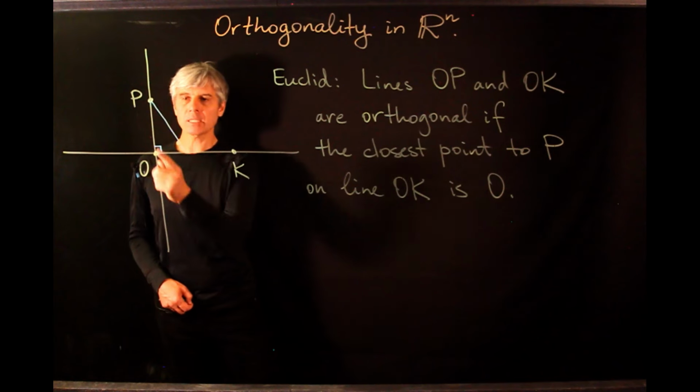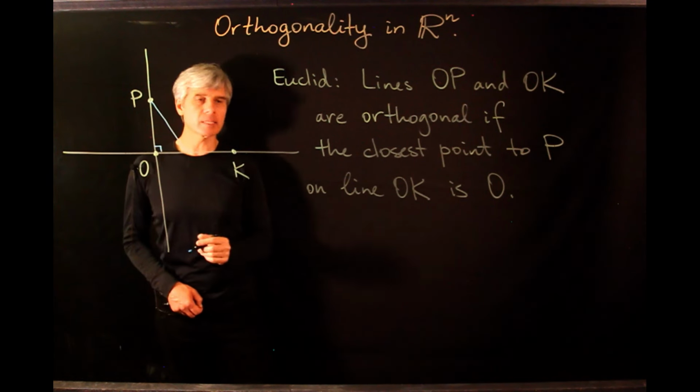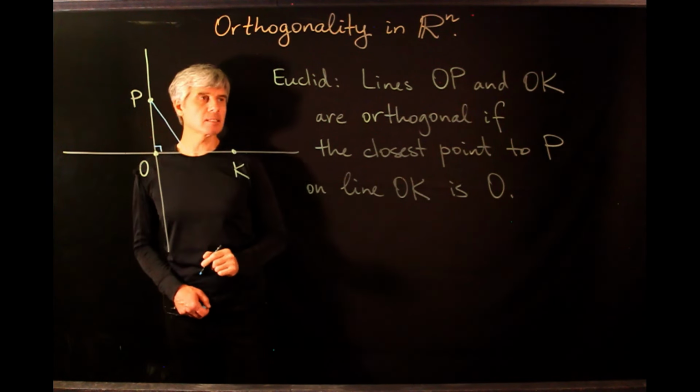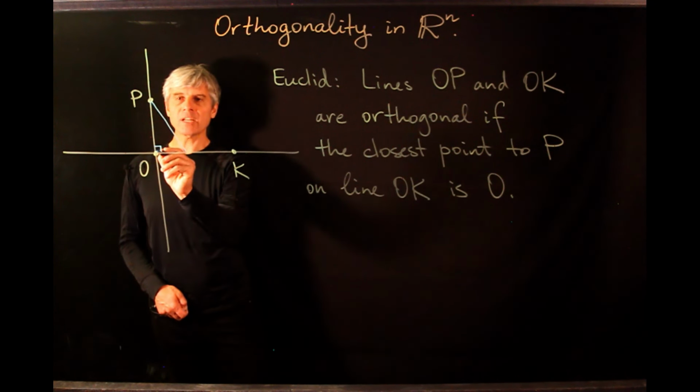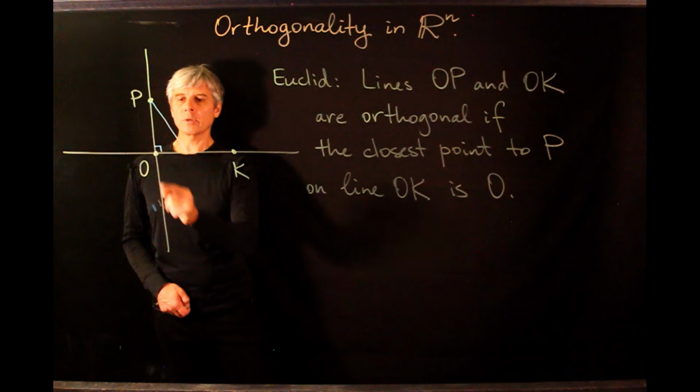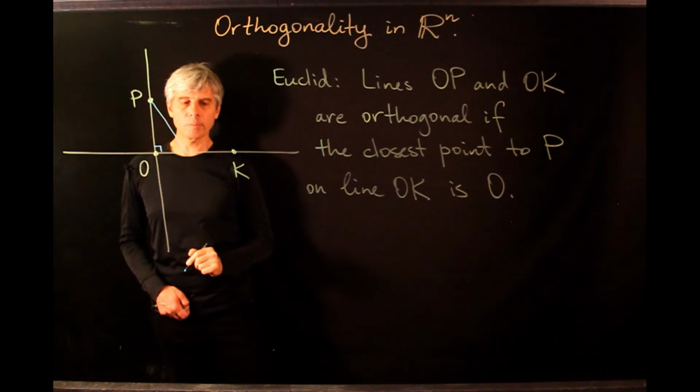And so this means that if we have two intersecting lines, then they intersect at a 90-degree angle precisely when the point of intersection is the closest point on the other line to the given point P.